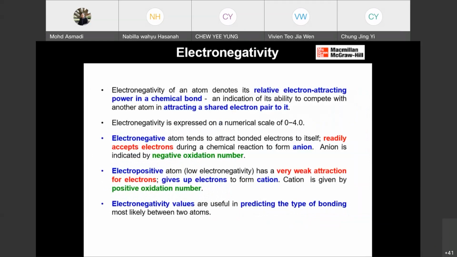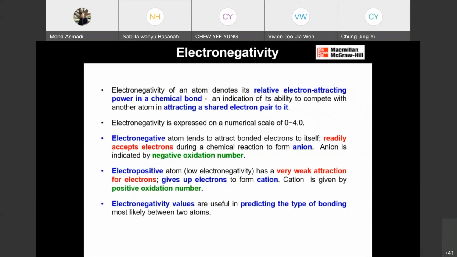Another important thing we can read from the periodic table is the electronegativity. From left to right, electronegativity increases. It is measured on a numerical scale of 0 to 4.